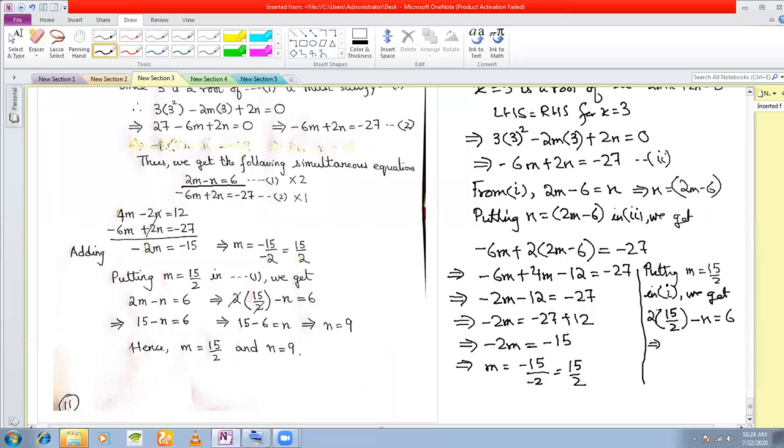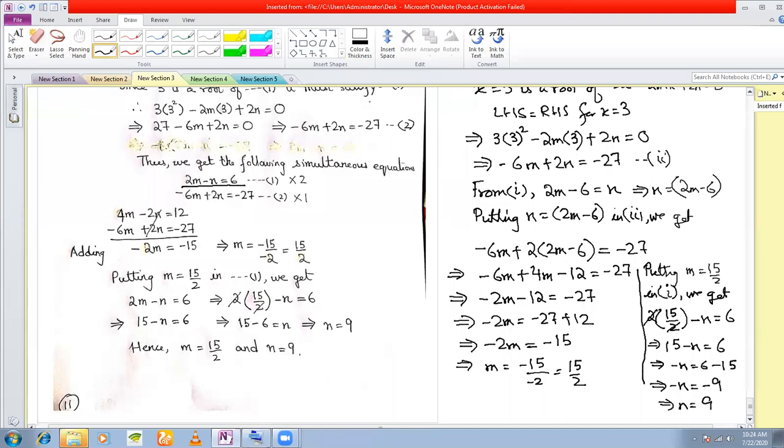That means 2 will cancel here. You simply get 15 minus n is equal to 6. That means minus n is equal to 6 minus 15, that means minus n is equal to minus 9. That means n is equal to 9.